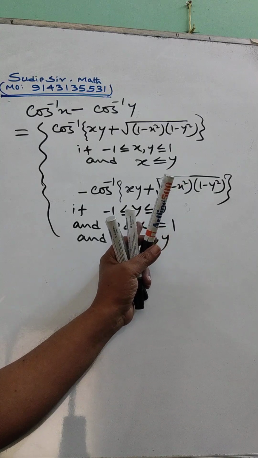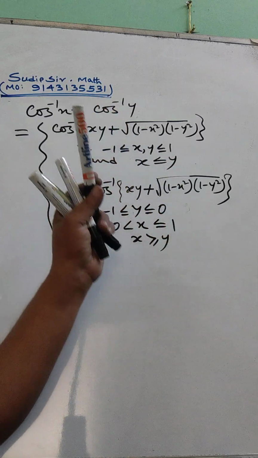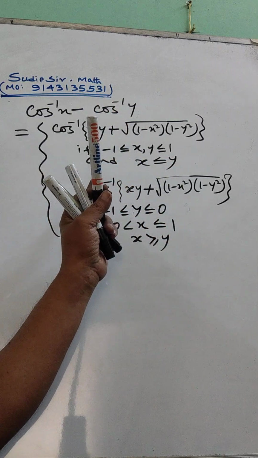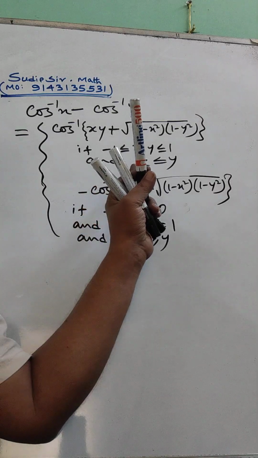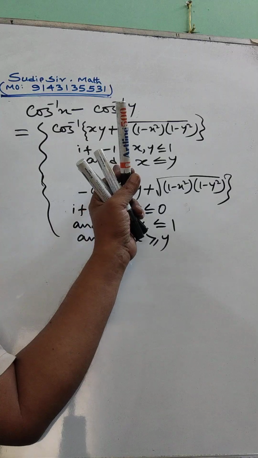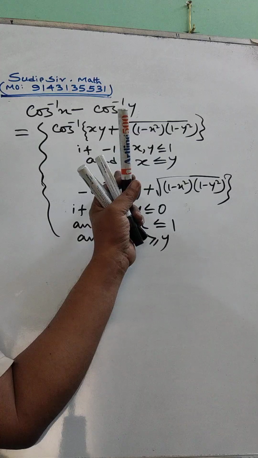So this validity we have to check for cos inverse x minus cos inverse y. For cos inverse x minus cos inverse y, we have to check this.